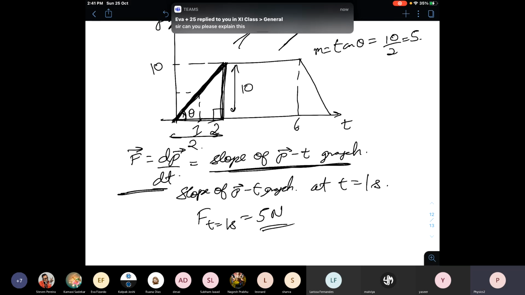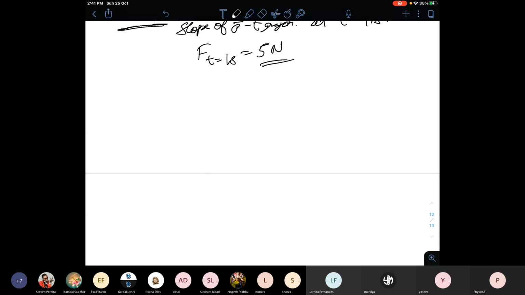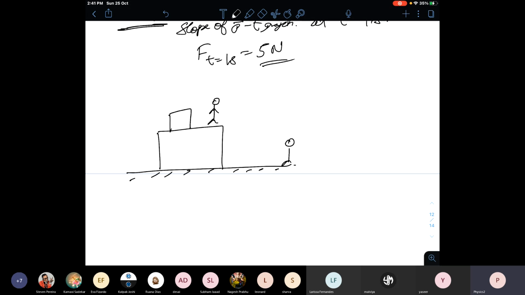Now see, suppose I have a block like this, and a block is over here. A person is also standing over here, and a person is standing on the ground like this.